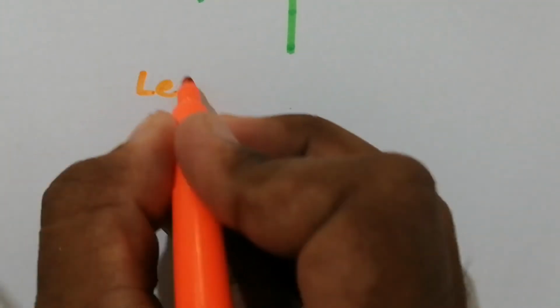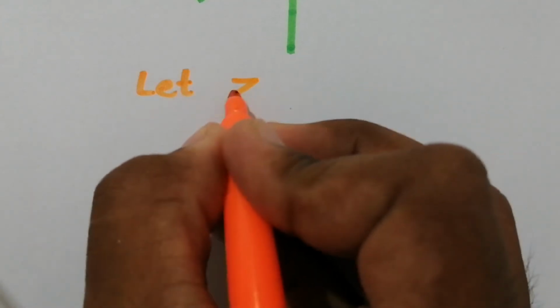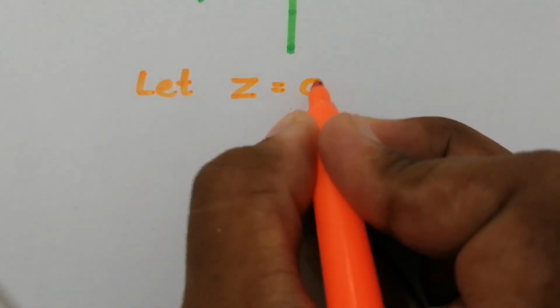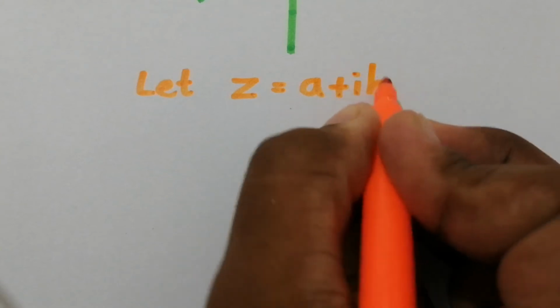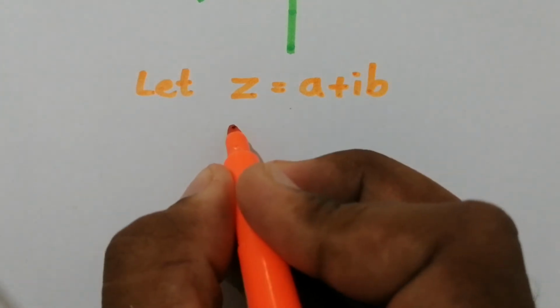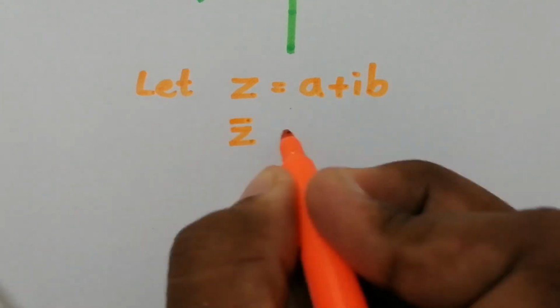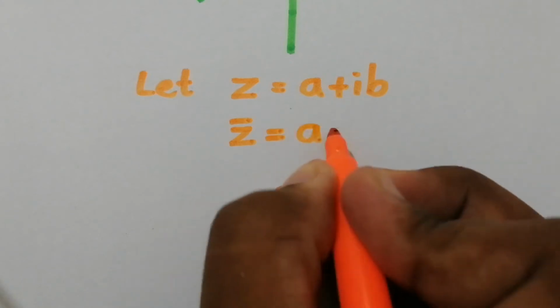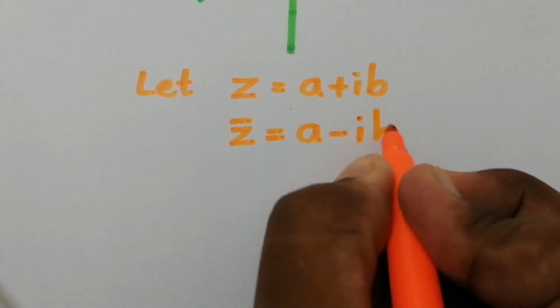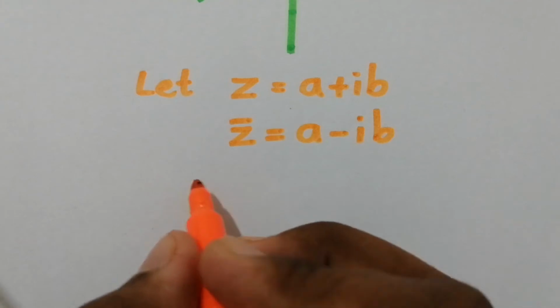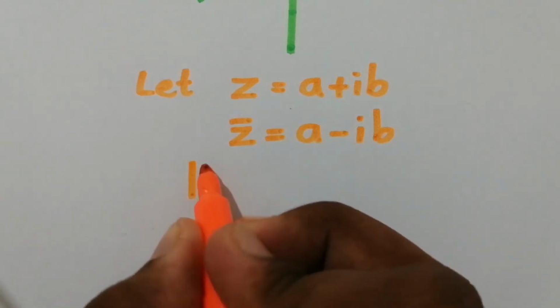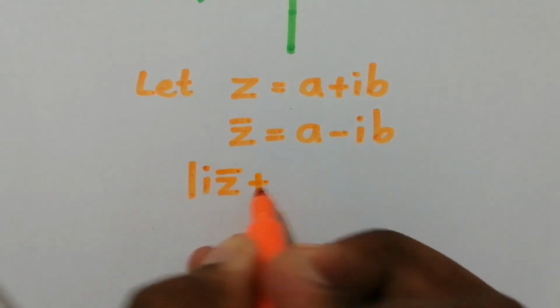In this way, I am considering let z equal a plus ib. Then you know the conjugate z bar is equal to a minus ib. Now it is given the modulus of i z bar plus 1.